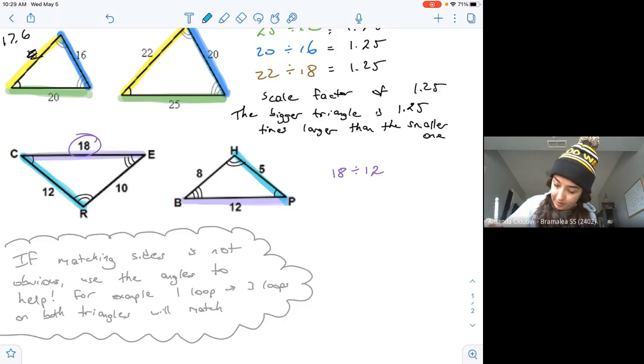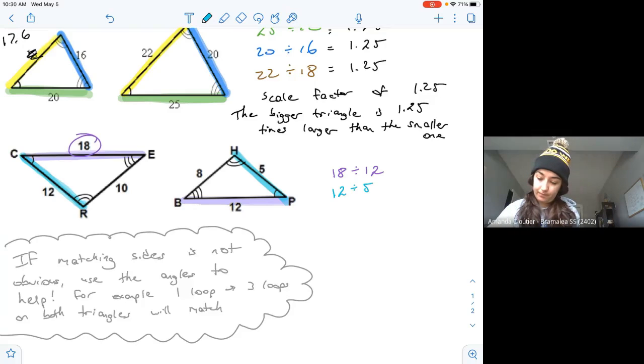And so in this case, 12 divided by 5. Okay, and then last but not least, RE and HB.